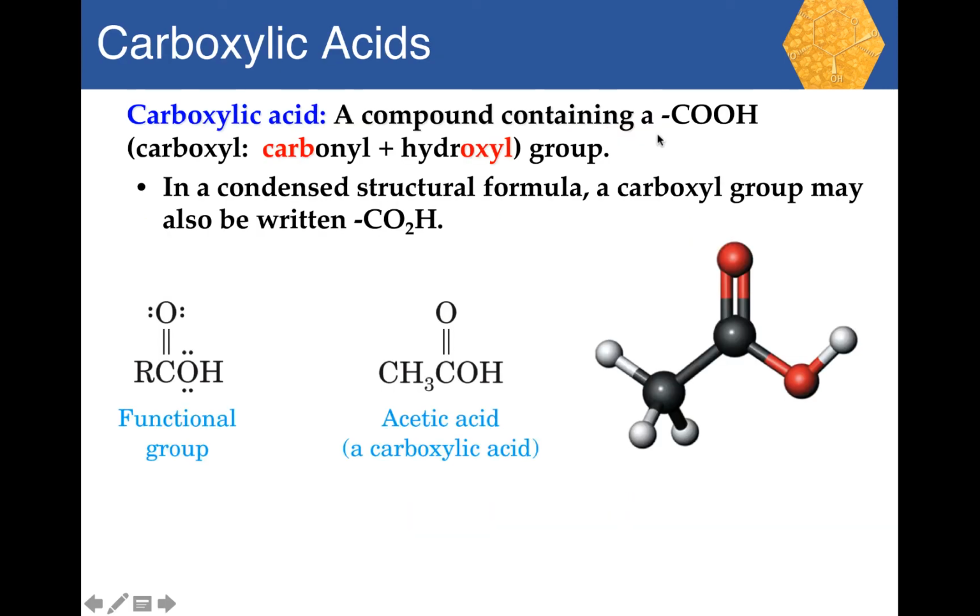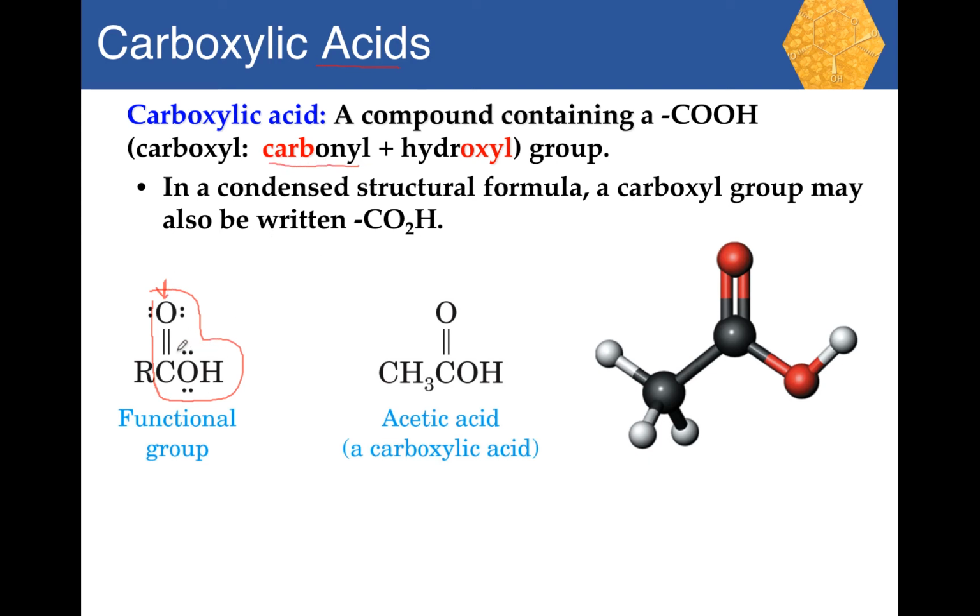Okay, let's turn our attention now to a different functional group, and this one is the carboxylic acid. Carboxylic acids. So let's first of all identify the carboxylic acids and look at some examples. So here is the functional group: carbon oxygen double bond, carbonyl, as we can see here.